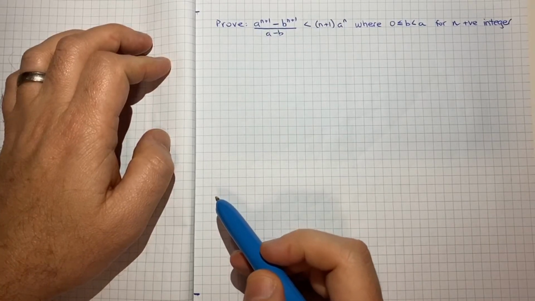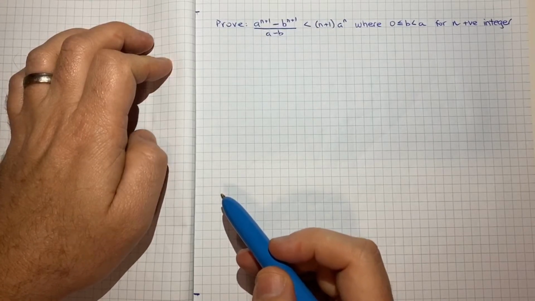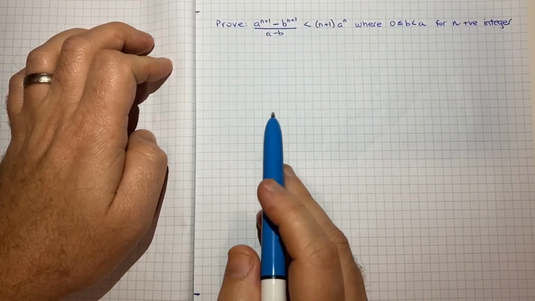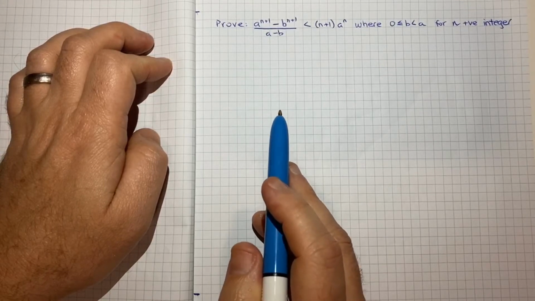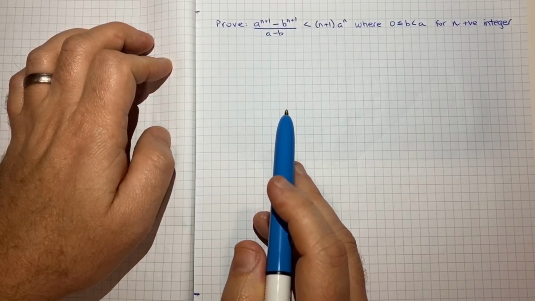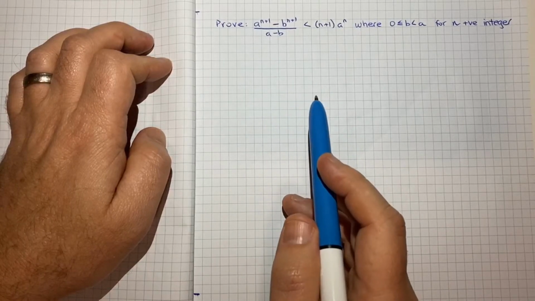So, where to begin on a question like this? To prove something like this, often you need to make use of other truths, other identities that you can make use of.